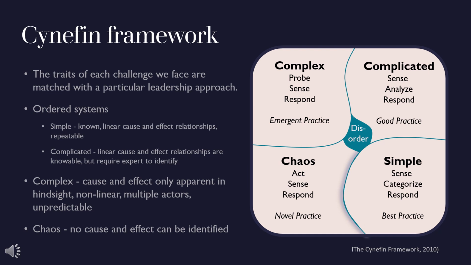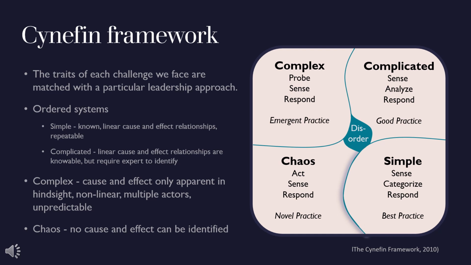The next type of system is also an ordered system, but it is described as complicated. So in these systems, the approach is to sense as well. However, once the data is gathered, it may not be as obvious what the best next step is. And in these systems, it is best to analyze. And so this is sometimes referred to as the domain of experts.